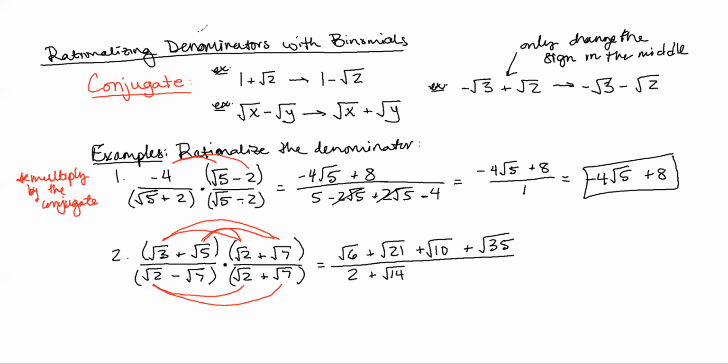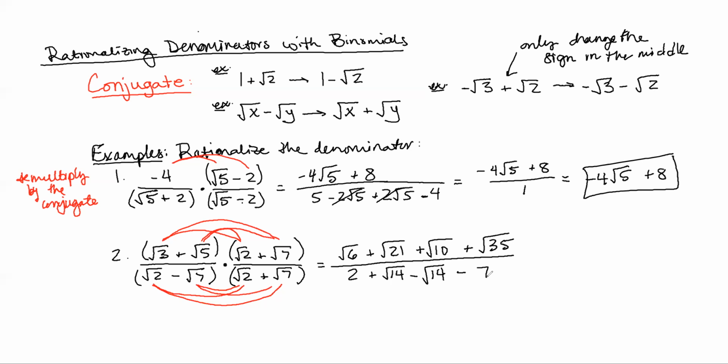The inside terms, we have the square root of 7 times the square root of 2, but it's a negative times a positive. So negative square root of 14. And then lastly, we have a negative times a positive, so negative square root of 7 times square root of 7 is 7.